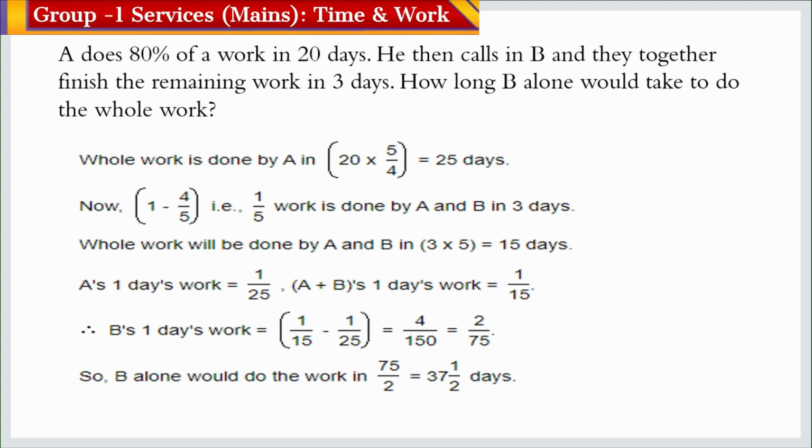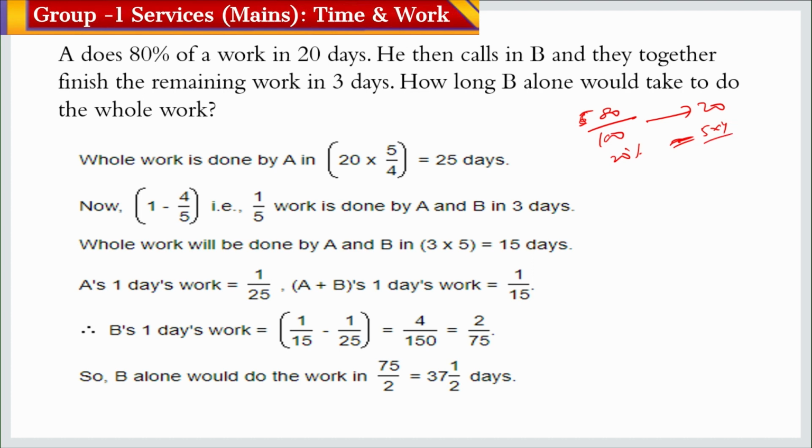Now, we will see that. The whole work done by A, 80% means 80 by 100, correct? Remaining 20%. So, 80% work is done in 20 days, or we can say 20% work, 20 means 5 fours are 20, correct.